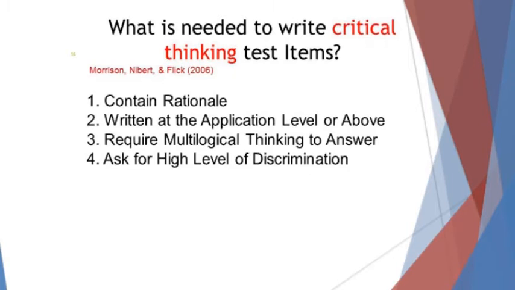But tests should have rationale. There should be a rationale for the right answer and a rationale for why the other ones are wrong. They should be written at the application level or higher. So, early on we may have some definitions, which are the very beginning knowledge or comprehension questions, but early on, even with Patient Care 1, we need to start using application questions.